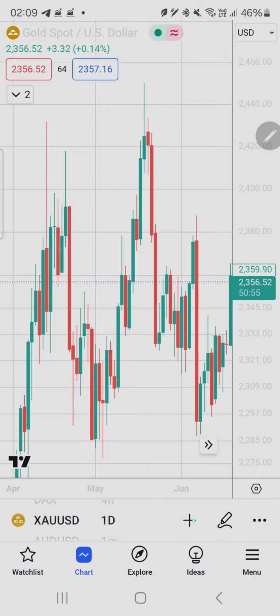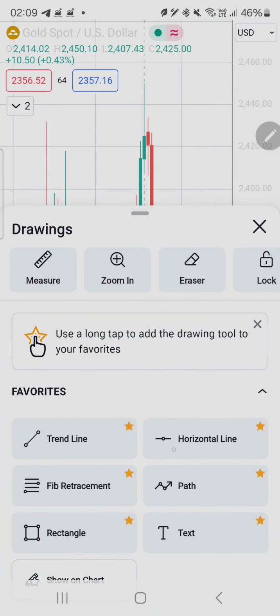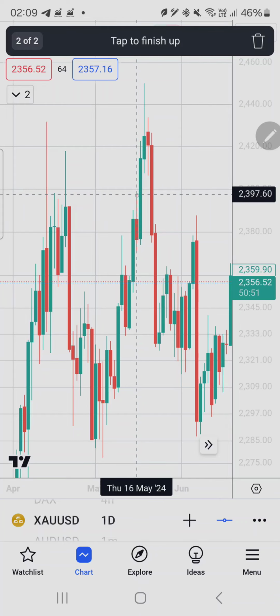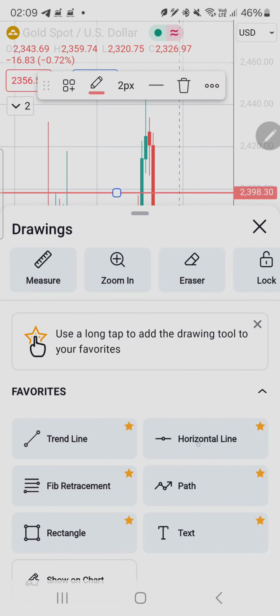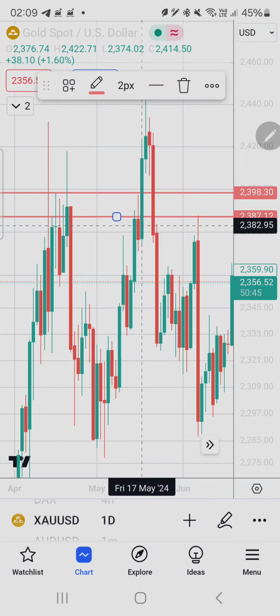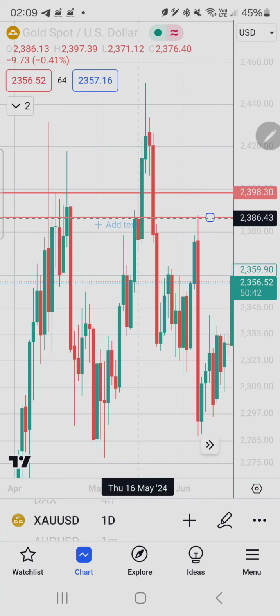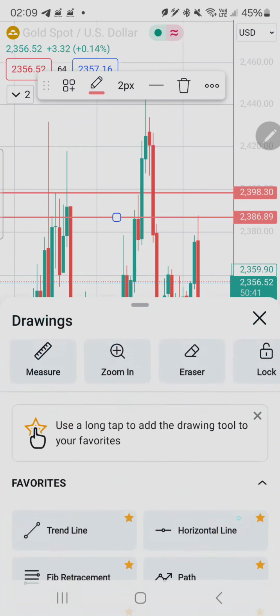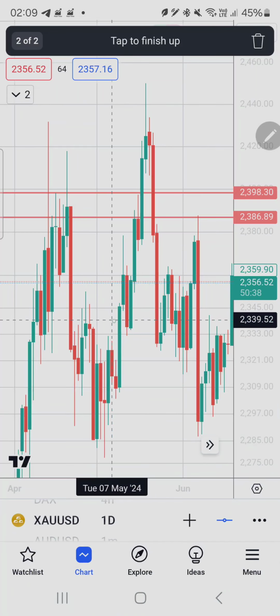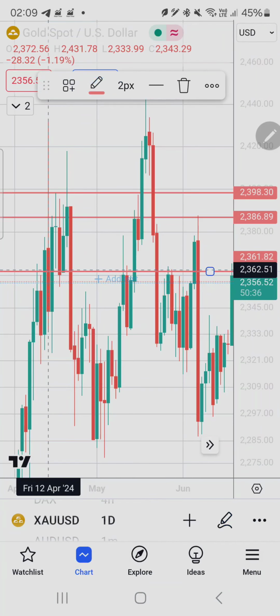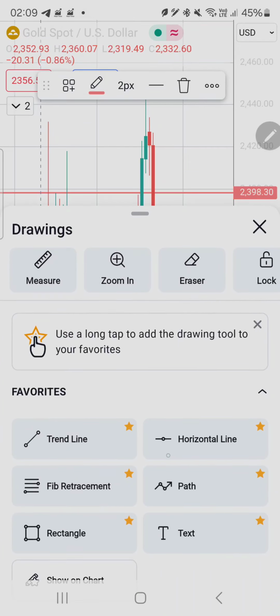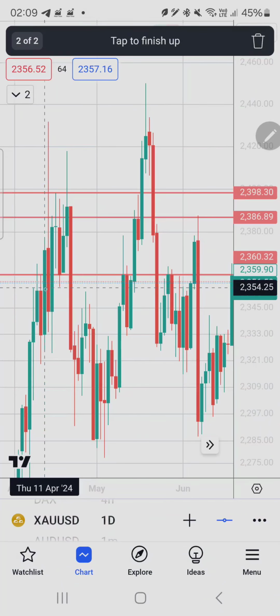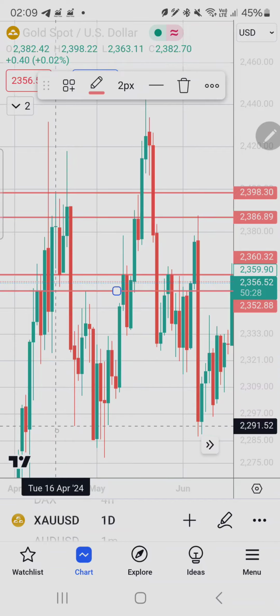Now let's draw the lines. All right, so we are going to get this here, another one in this area, then this area, and again this area.